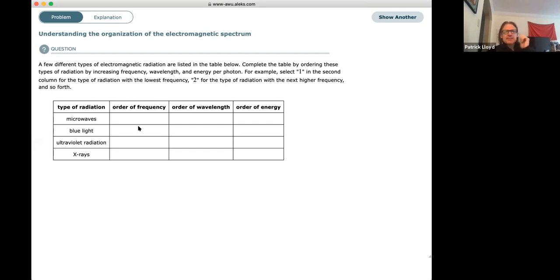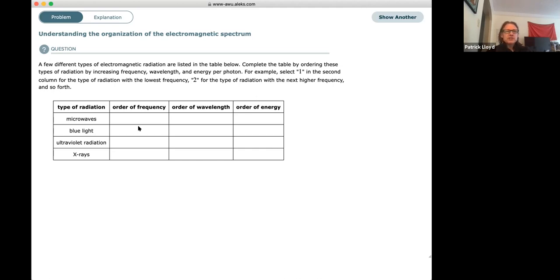A few different types of EM radiation are listed in the table below. So complete the table by ordering these types of radiation by increasing frequency, wavelength, and energy per photon. I haven't talked about energy. Energy actually comes into the next topic, but I'll just mention it briefly. Well, temperature is related to energy, right? So you could kind of use that as your logic.